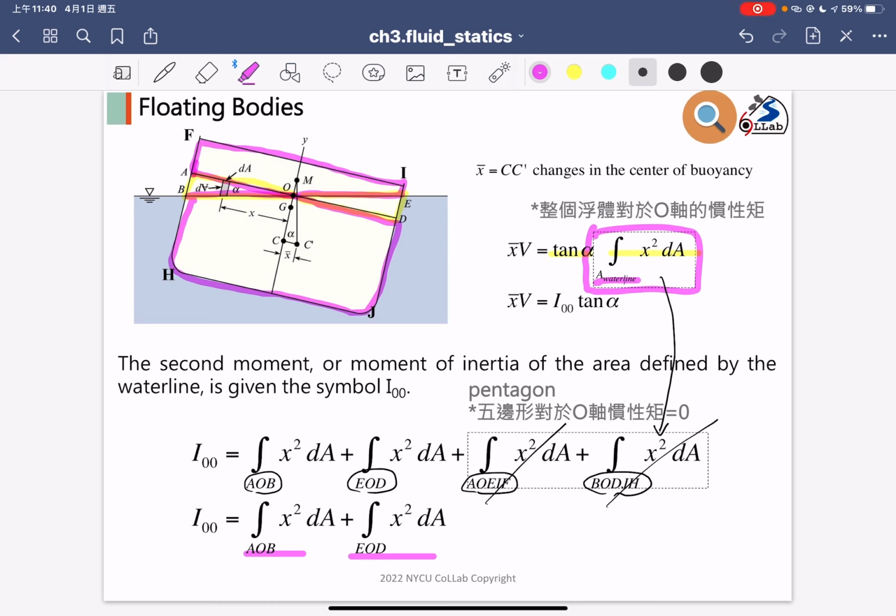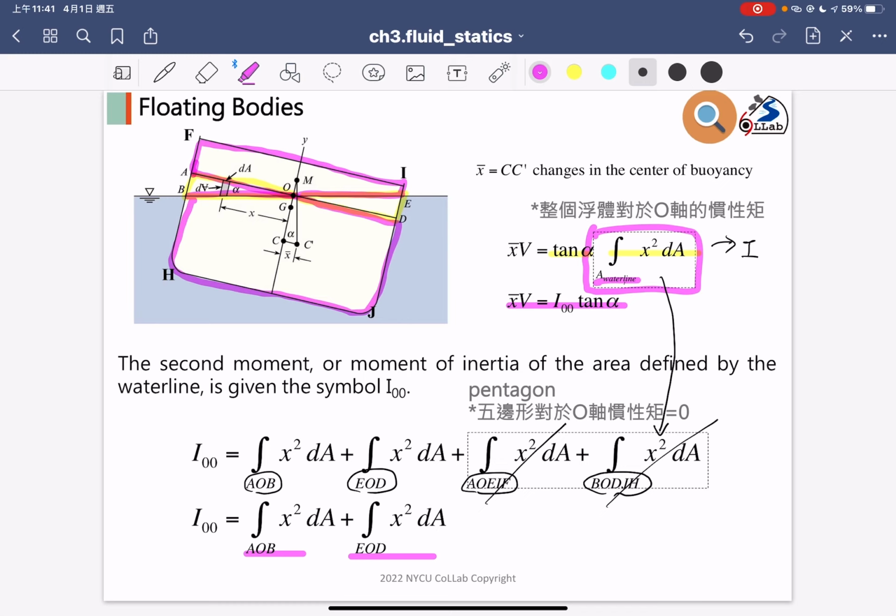Finally, we can replace this with I, the second moment for the total water line area. So this is our final term.